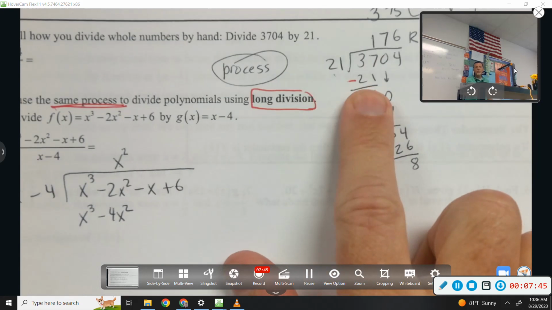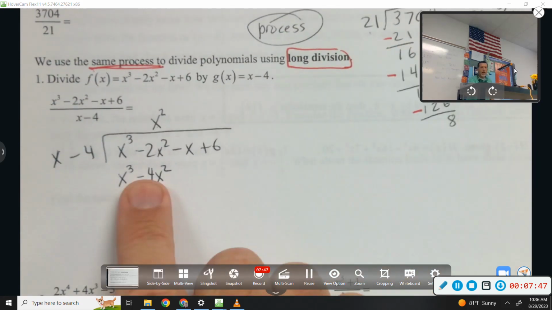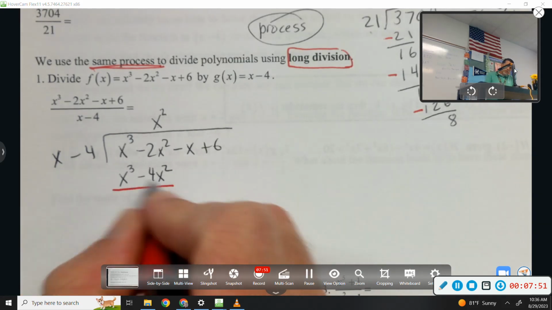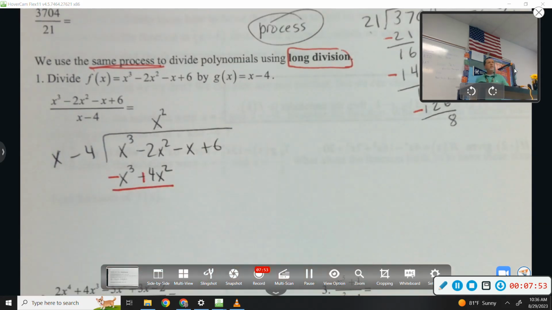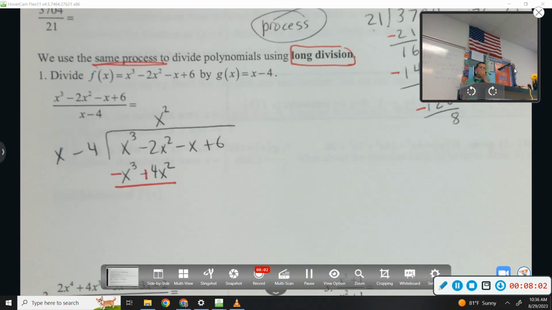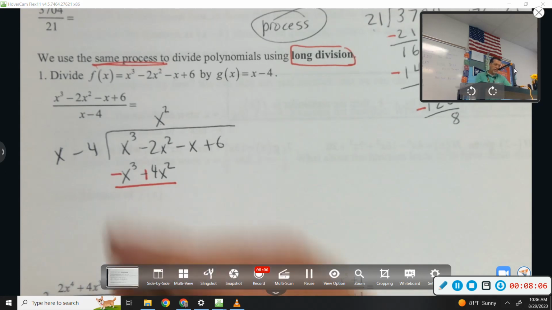We subtracted 21. So we're going to subtract those. I can still remember my Algebra 2 teacher saying, draw the line and change the signs. Draw that line and change those signs. Mrs. Smith. She was awesome. Now we'll add them. After we change the signs, now we'll add them.